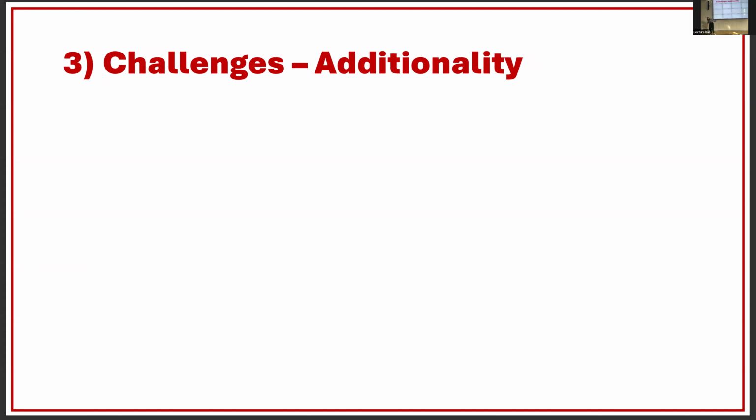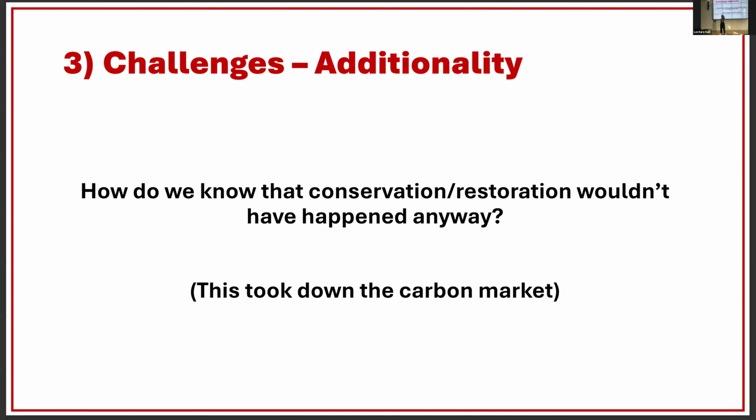And the other challenge within this stage is the big one. This is the one that a lot of people are talking about, and this is how credits are showing additionality. I.e., how do we know that conservation or restoration wouldn't have happened anyway? And this is what caused that massive crash in the carbon market a couple of years ago.